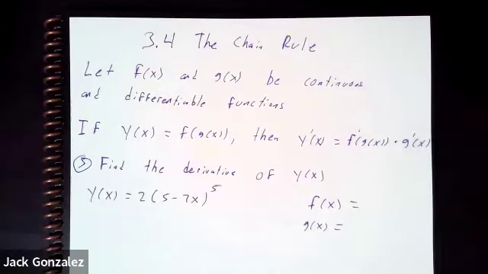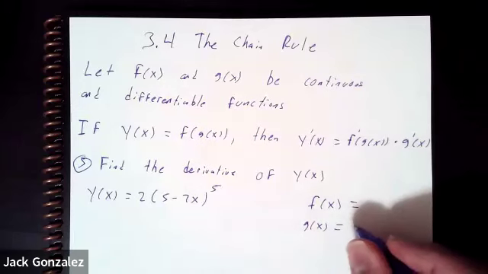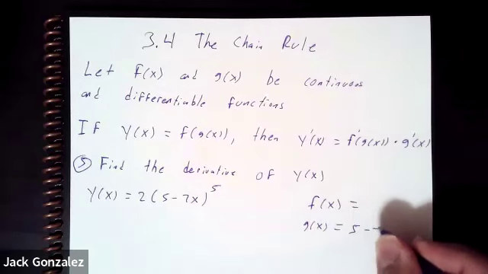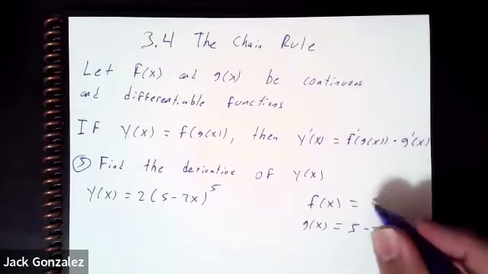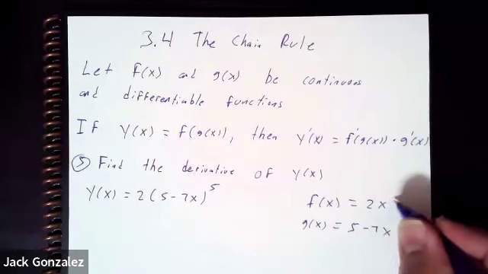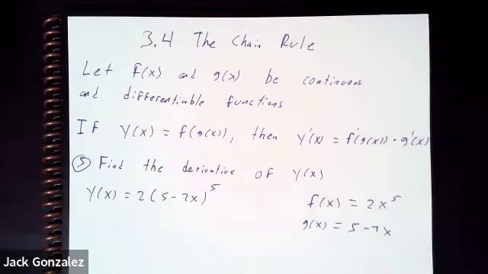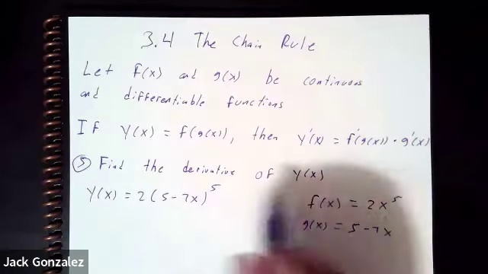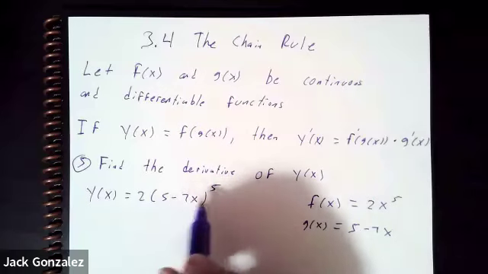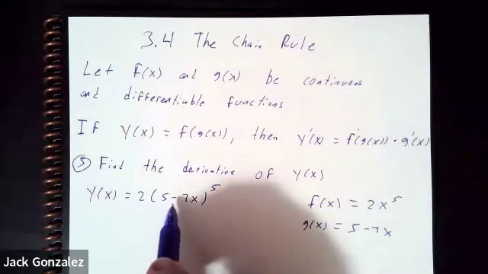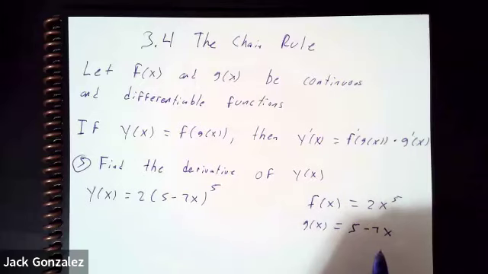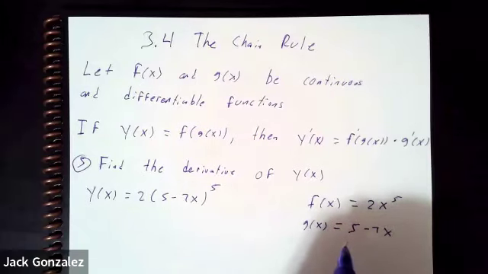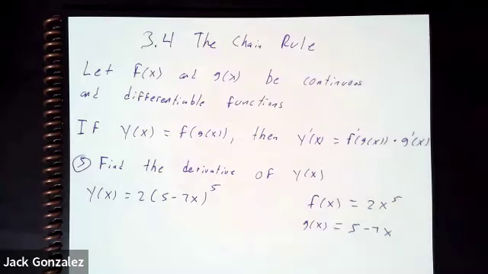Well, g is 5 minus 7x. So f of x would be 2 times x to the fifth. So the outer function is just raising something to the fifth, right? The inner one is 5 minus 7x. Is that clear?